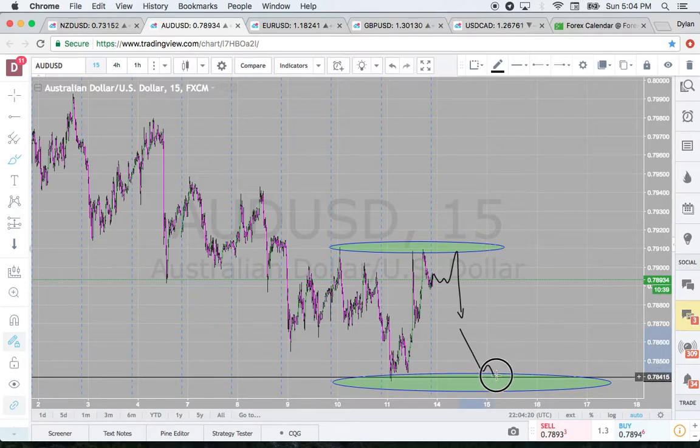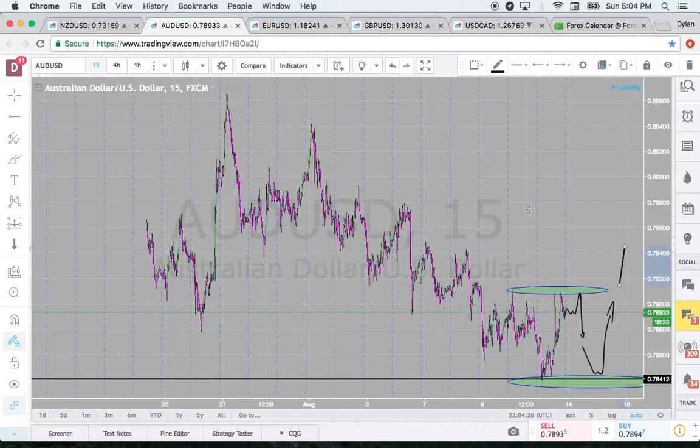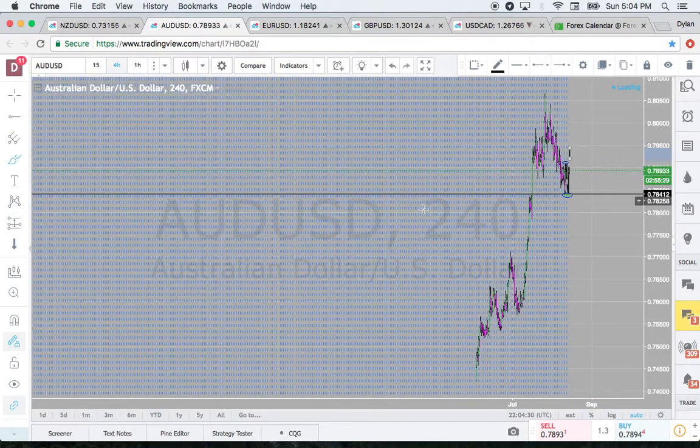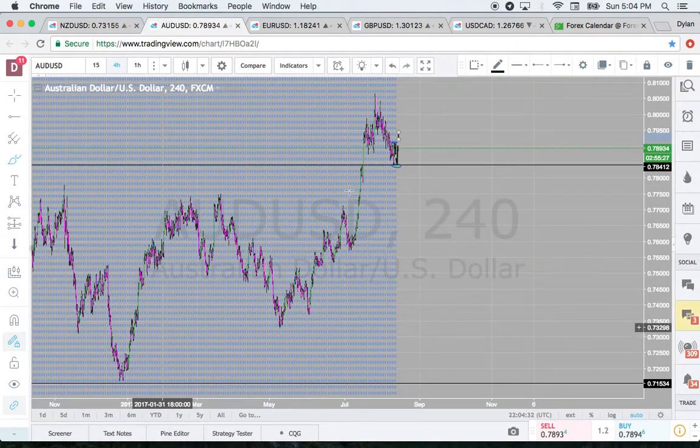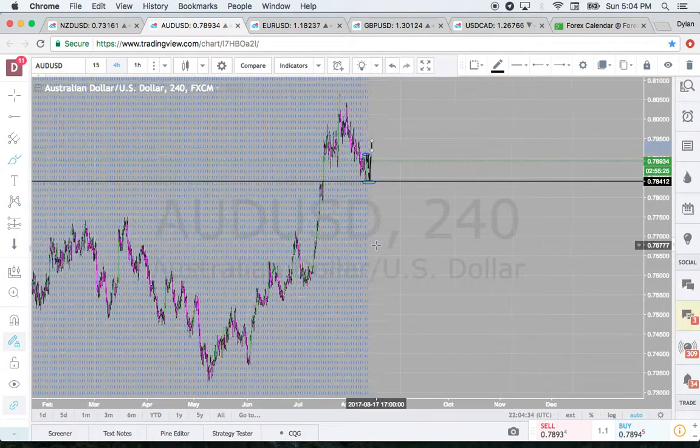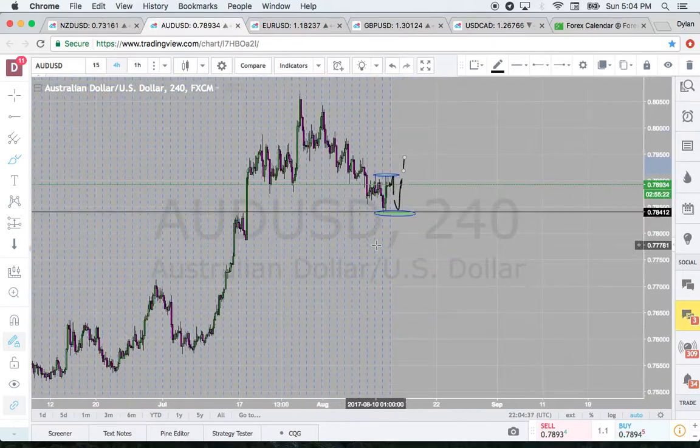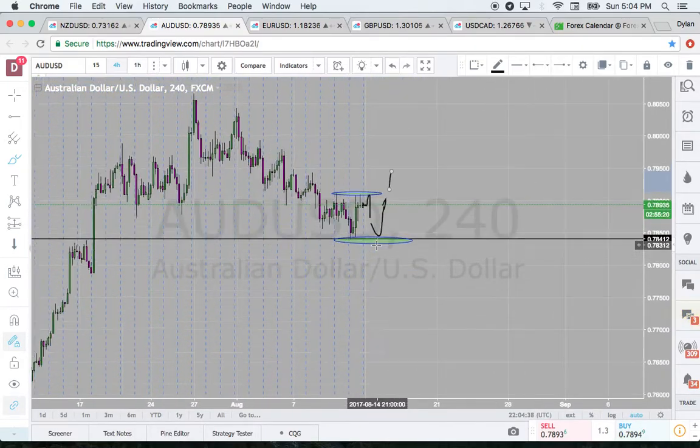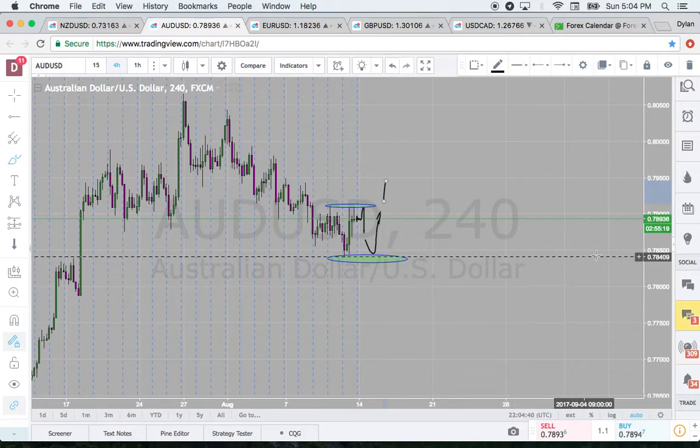Then we could see a possible W formation and a continuation of that uptrend, because we can see there is a definite, outstanding uptrend, and there's a strong area of liquidity at 0.785.